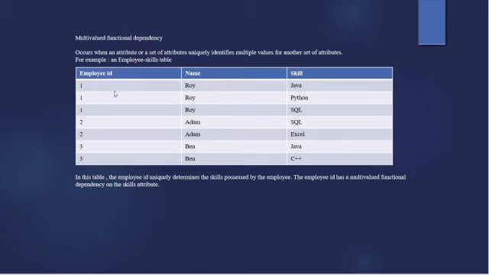Now on this table we have got employee's ID 111, then employee's name Roy, as if we are repeating. It is necessary repetition because there are multiple or several skills that Roy has obtained. So we can say that in this table the employee's ID uniquely determines the skill possessed by the employee.